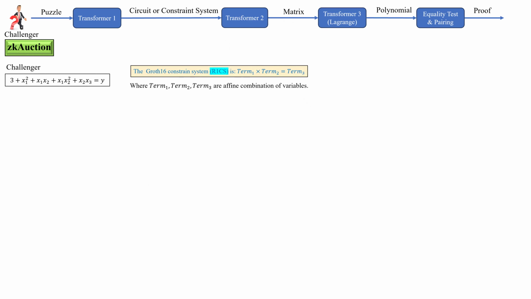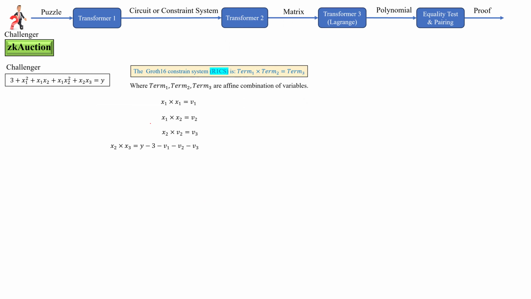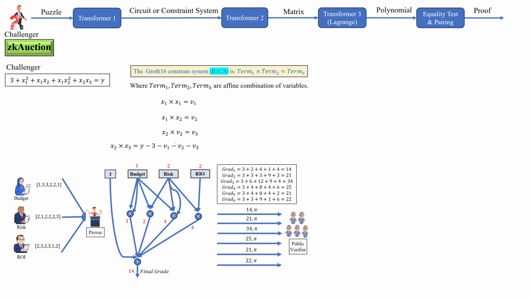We discussed the ZK auction, when companies apply for the project, and then this function was run by the auctionman to compute the final grade for the companies, right?